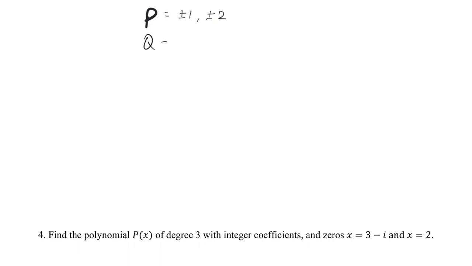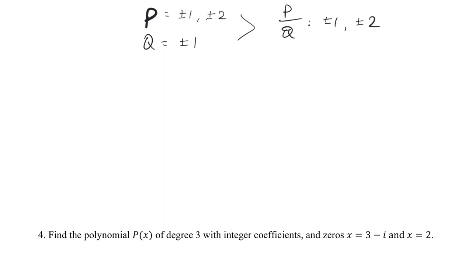So q is equal to ±1. So now combining this into p divided by q, we take all the values of p, divide them by 1, which is just going to give us ±1 and ±2. So that's a list of possible rational zeros.